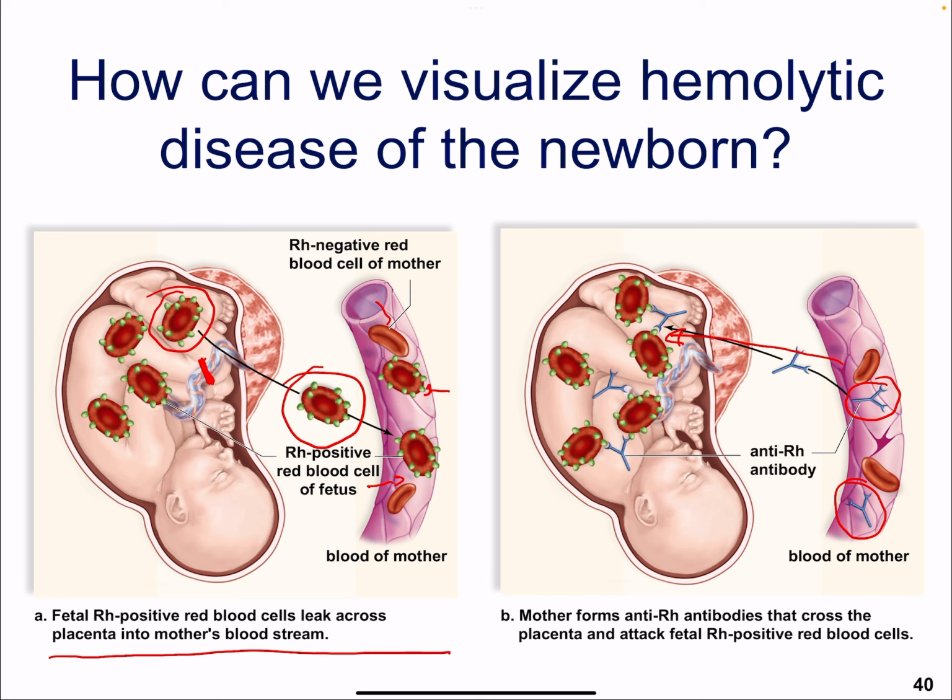These antibodies are going to cause an agglutination of the fetus red blood cells, so that these red blood cells are going to clump together, and this is going to be a problem for the development of the fetus.